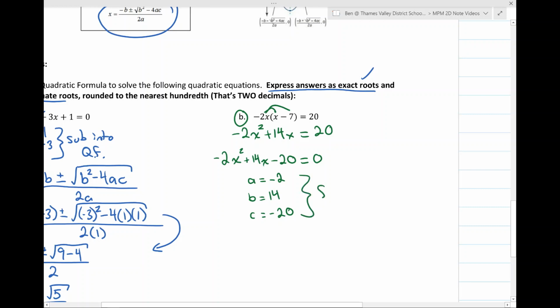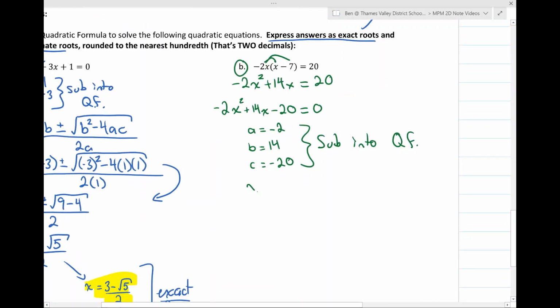From here, we will sub into our quadratic formula. Our quadratic formula, we are hopefully getting a little more used to it. Again, we must write out this x equals, because the quadratic formula is an equation, it is not an expression. The x equals tells us what we're looking for. So x equals negative b plus or minus the square root of b squared minus 4ac, all divided by 2 times a.